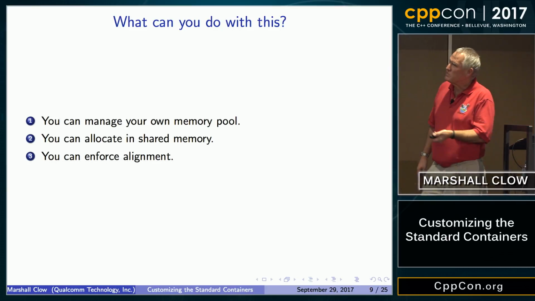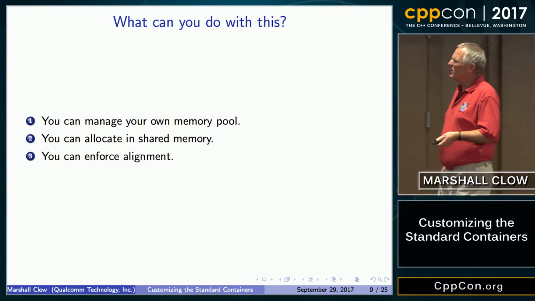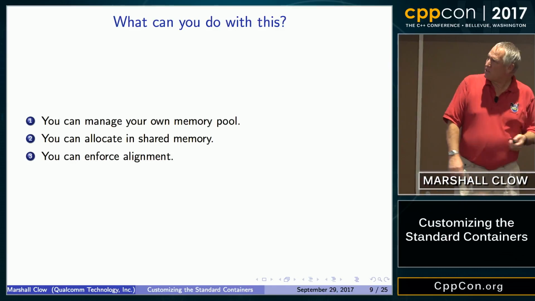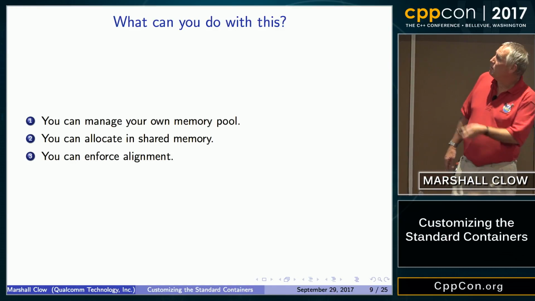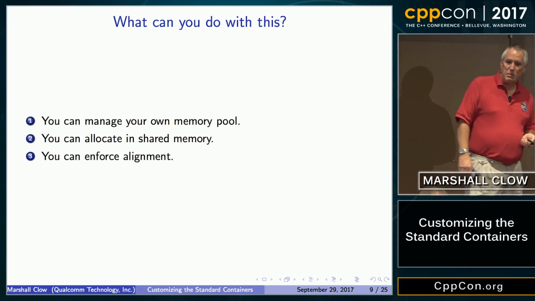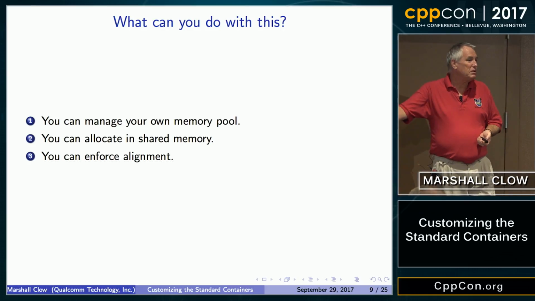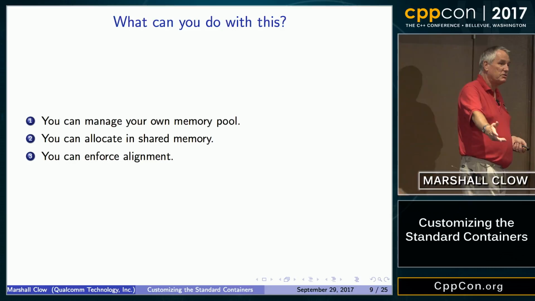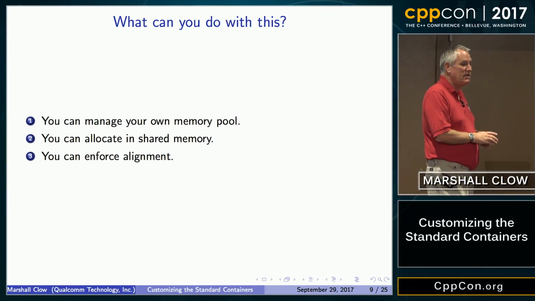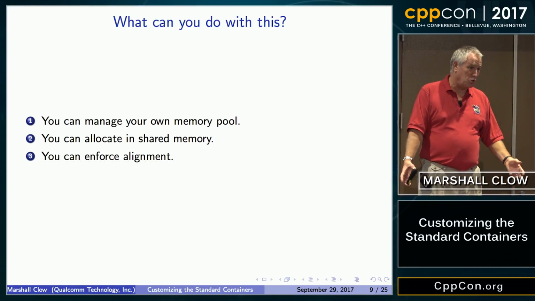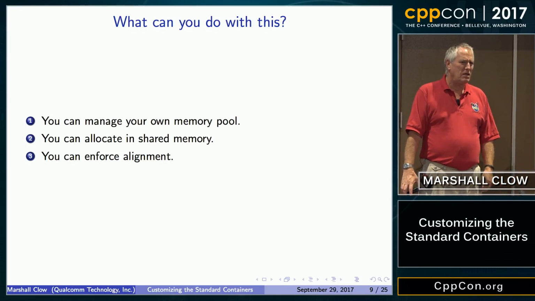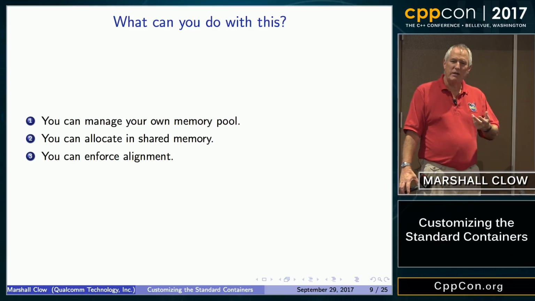Okay, so what can you do with this? Well, there are lots of things. You can manage your own memory pool. People in the embedded world say, we can't have any dynamic allocation in our program because we're an embedded machine. I've talked to several of them, and I say, really? How do you handle such and such?